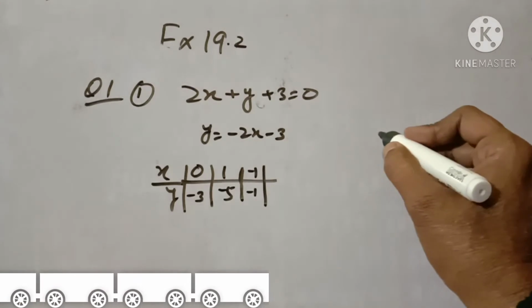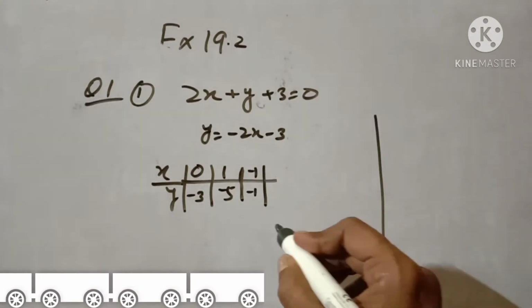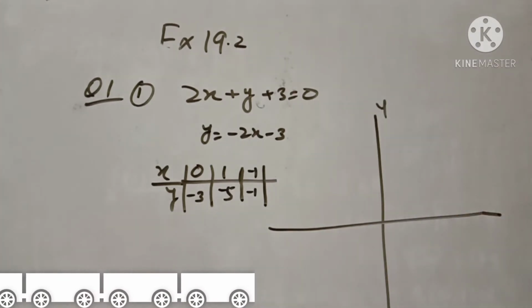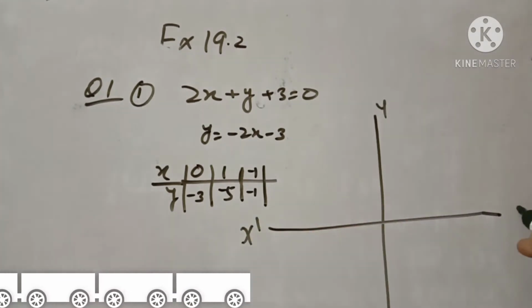Now draw on the graph paper in such a way that this is, as we know, y dash, this is x dash, this is x.